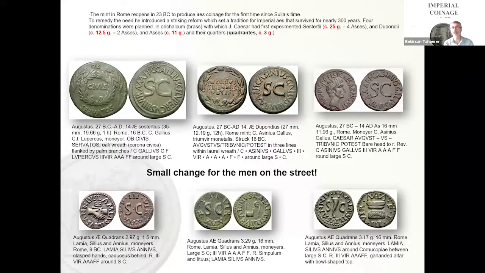This is something very new. Since the time of Sulla, nobody minted bronze coinage at Rome. And so to provide for the needs of daily transactions, small business transactions, he had to provide coinage. Now, this is not just to provide for people's needs.